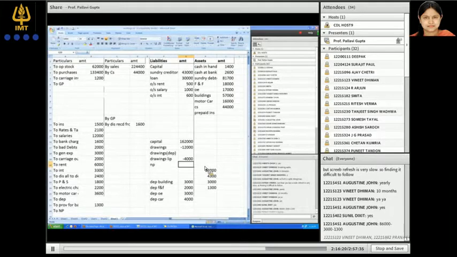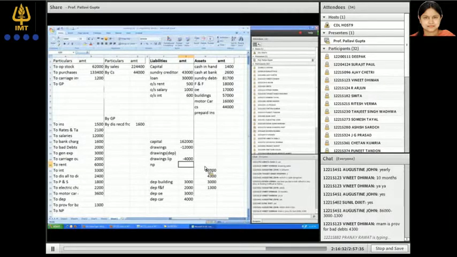Then next it says the balance of insurance charges cover from 1/4 to 36. It means the balance of the insurance charges are for a period of 15 months. So now I'm preparing the PL for 12 months only, so 300 of this is not related to the current financial year.